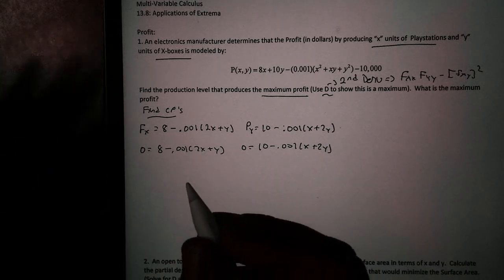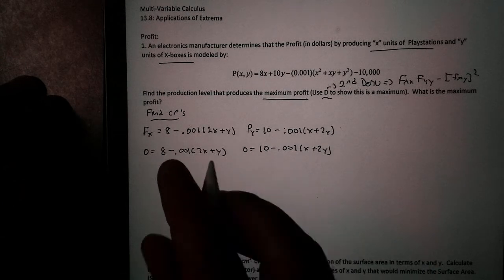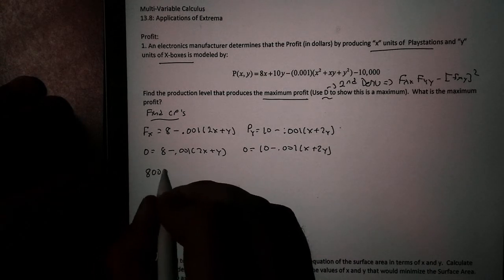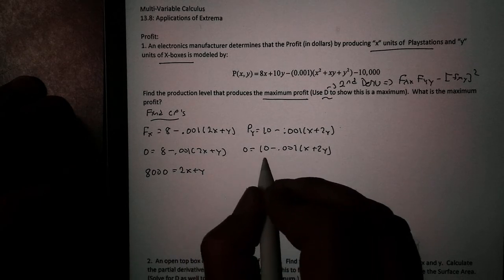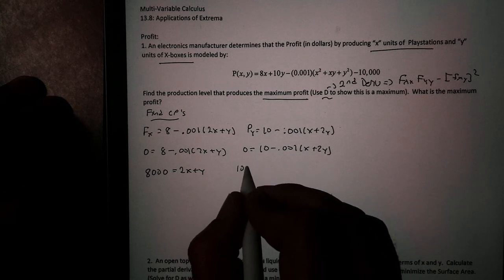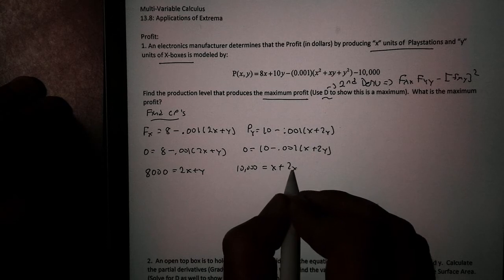Simplifying this, I'm going to do a couple things here. I'm going to multiply everything by 1,000 to get rid of that nasty little decimal, and bring the 8 over. That gives us 8,000 equals 2x plus y, sorry about that. Multiplying by 1,000 and bringing the 10,000 over, we get 10,000 equals x plus 2y.